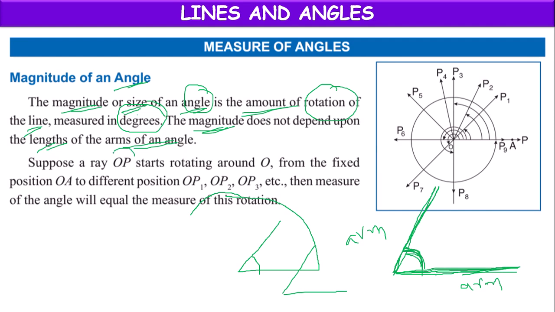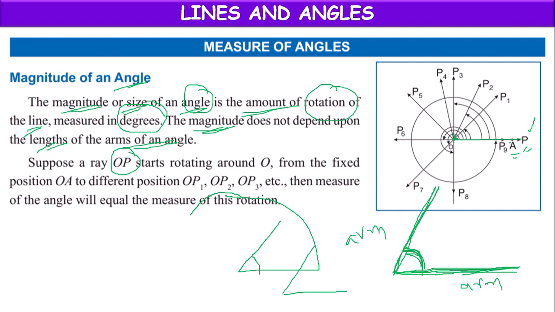Suppose we have a ray OP. It is rotating around the point O, from the fixed position OA. Let A be a point on the OP ray.